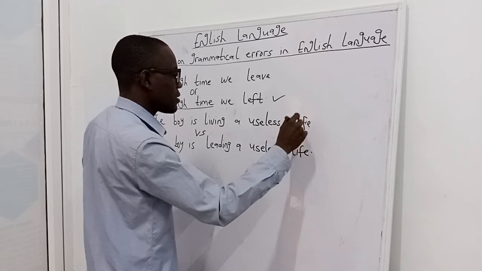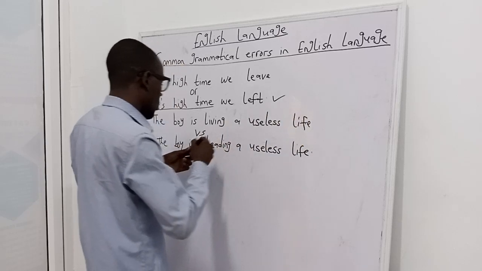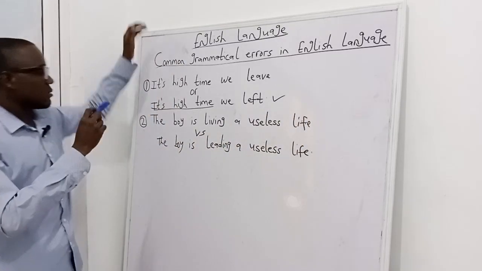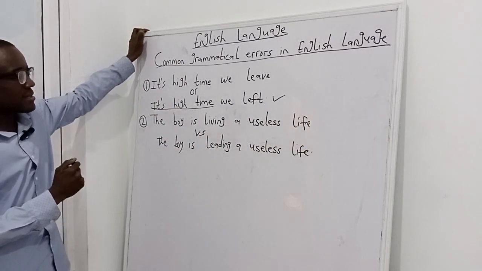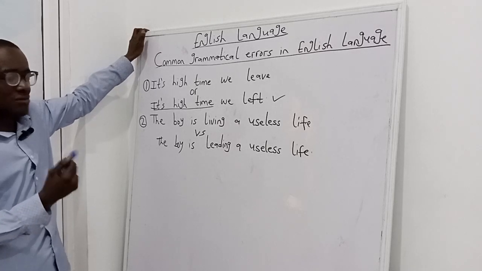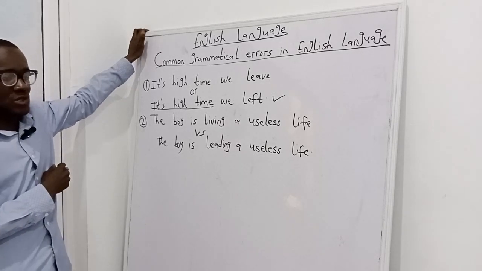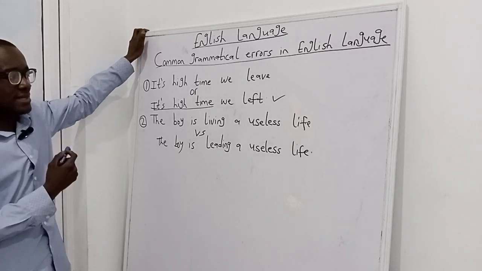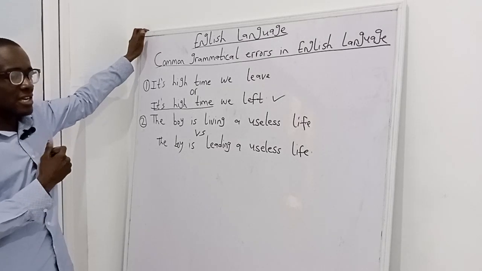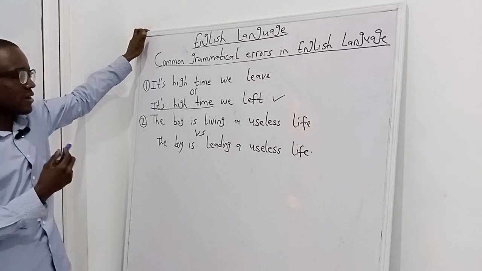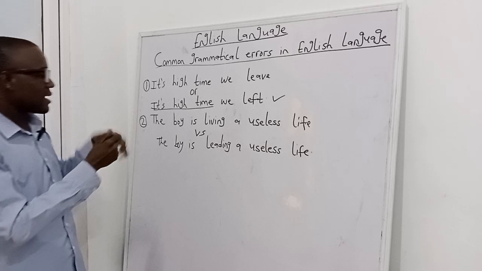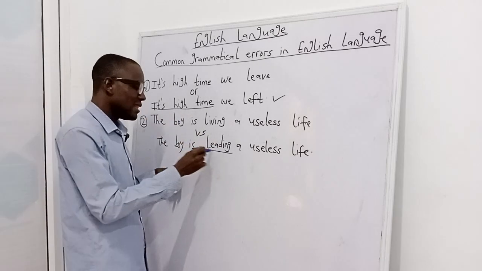Then the second one that we'll be talking about. Now, this is another common grammatical error that most people unconsciously fall into. "The boy is living a useless life" is a common way of saying that somebody is not adding value to the society. However, the correct way of saying this is leading, not living.